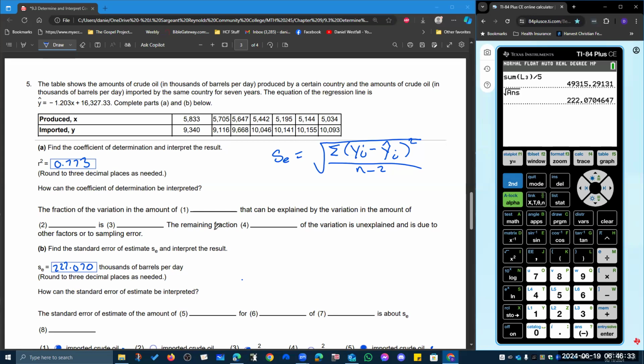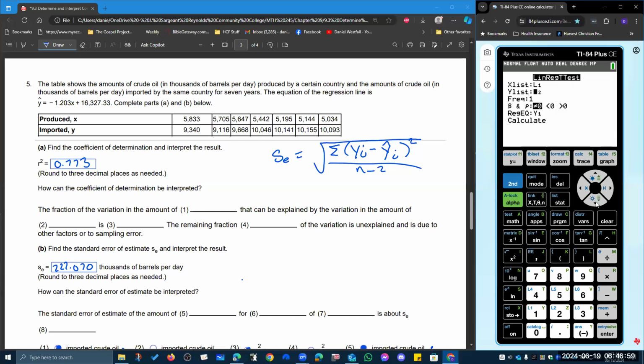And that gets me the 222.070 that I have there. And that's the correct way to do it. To get this answer, though, it's just as easy to come in here and let the calculator do it for you. You just need to know whether your teacher is going to make you show any of that work.